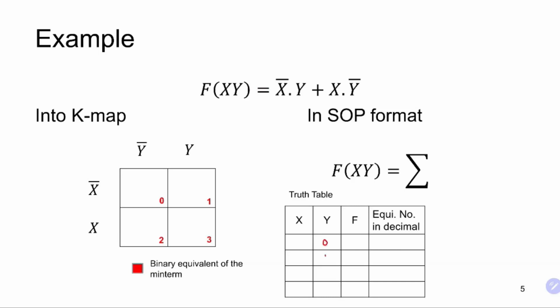Again, my truth table is 0, 1, 0, 1, 0, 0, 1, 1. X bar y, that will be this term here, x bar y, I got a 1. And then x, y bar, x is 1, y bar is 0, x, y bar is this.